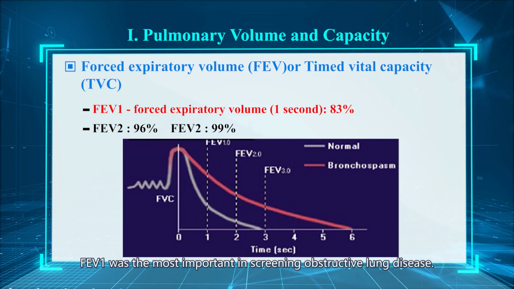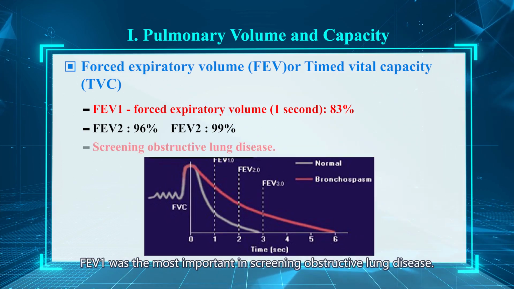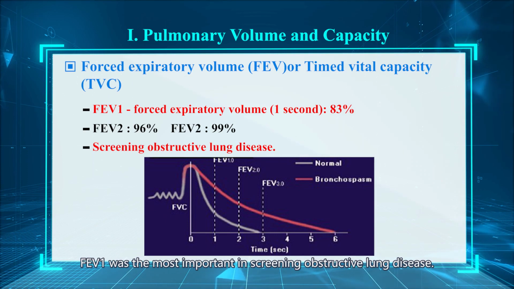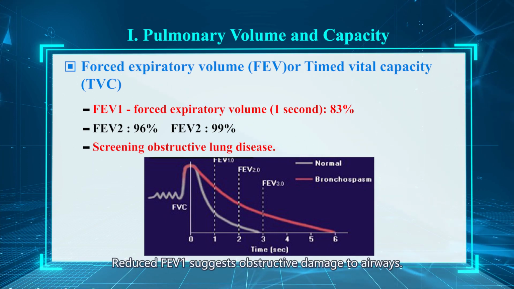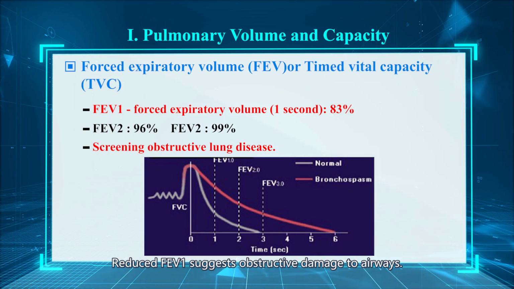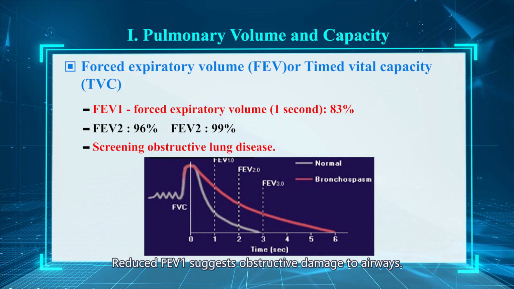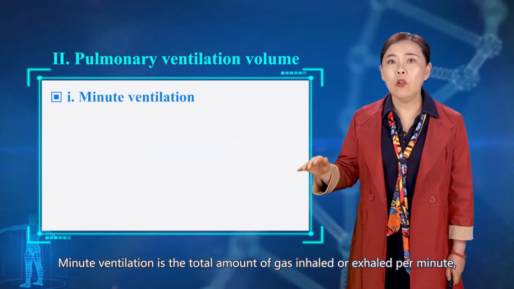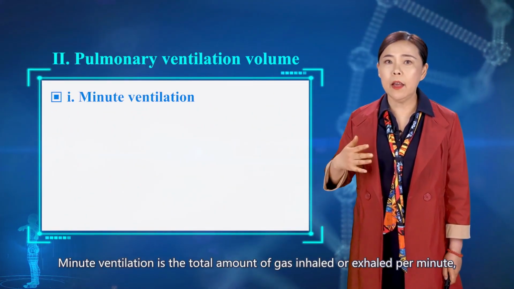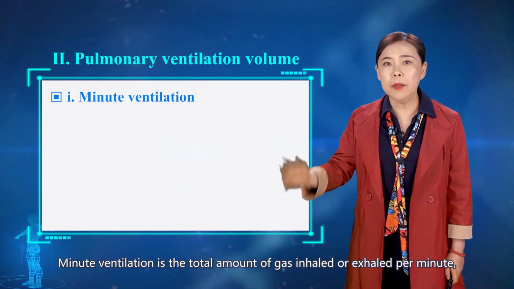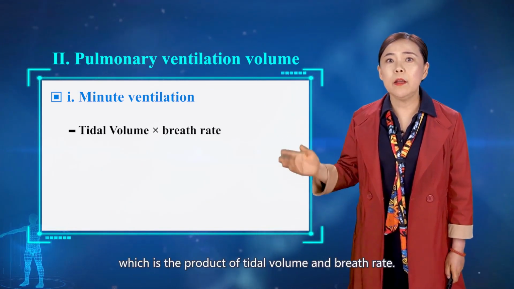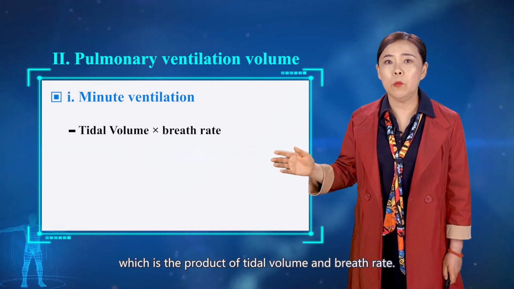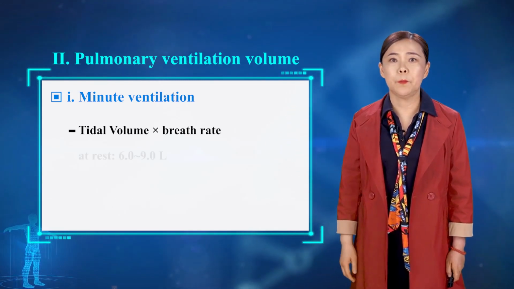FEV1 is the most important in screening obstructive lung disease. Reduced FEV1 suggests obstructive damage to lung ventilation. Minute ventilation is the total volume of gas inhaled or exhaled per minute, which is the product of tidal volume and breath rate.